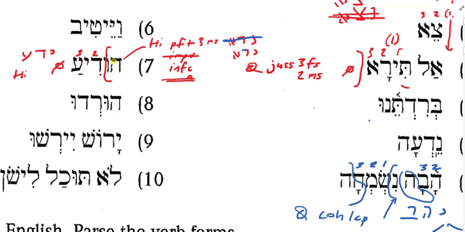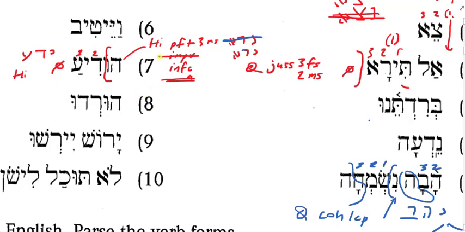So let's use inform. So he, what? Informed. If it's the hifil infinitive construct, the act of informing. Or you could say to inform. That's one way to translate an infinitive. Not the only way, though. All right? So does that make sense?